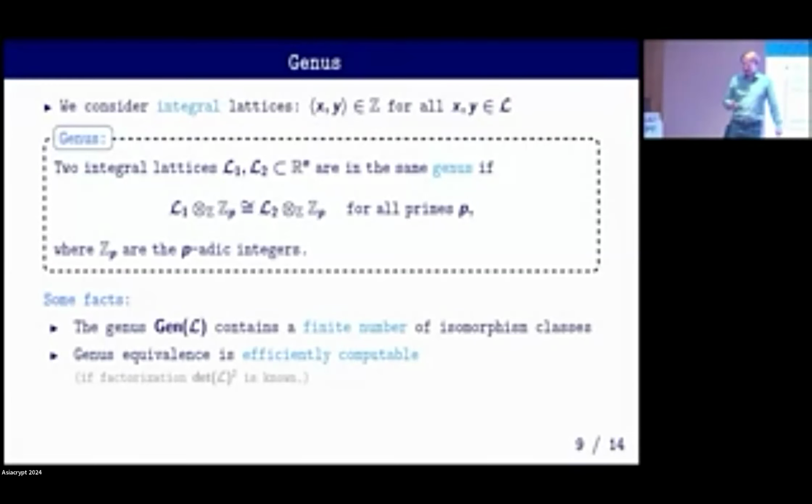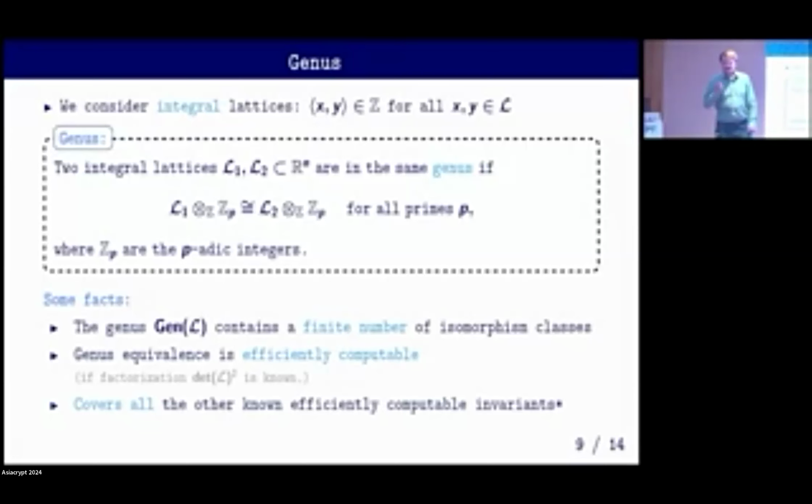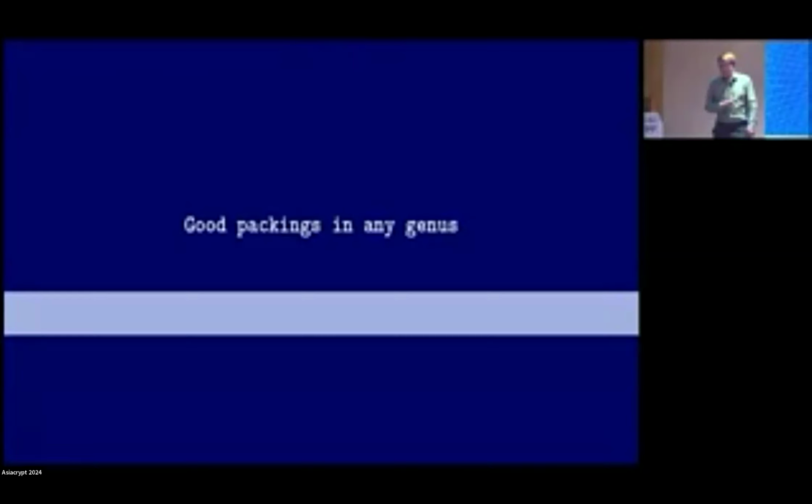But I will push that aside for now. What's most important for us is that this seems to cover all the other invariants that we know that you can efficiently compute over a lattice. I placed a small asterisk here because in the last talk you'll see something about what's called the spinor genus of a lattice, which is slightly stronger, but in this setting these are always the same, so that's not a problem for us.